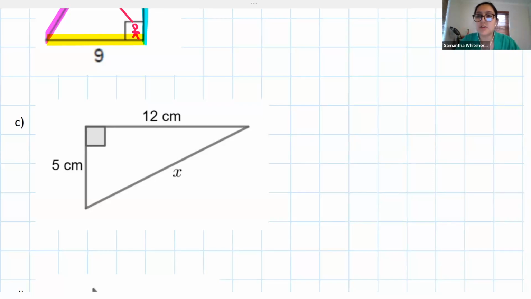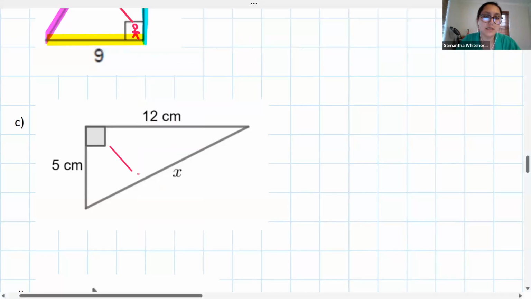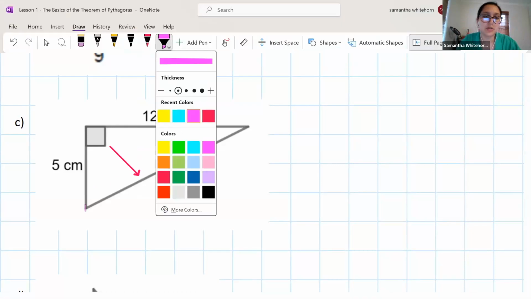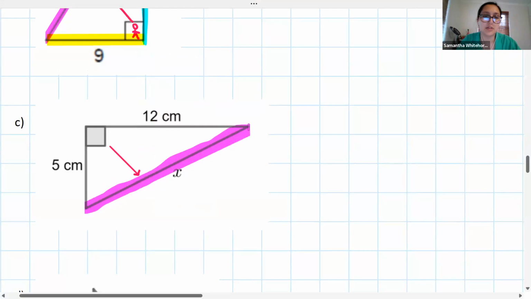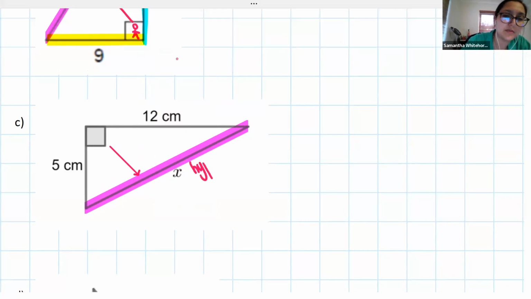So guys, I want you to try question C, just to help you out a smidge. If we have a look at where our right angle is, opposite it is side X, which means that X is our hypotenuse. So we're looking for the hypotenuse here. So let's give this one a try. I want answers for X, please.